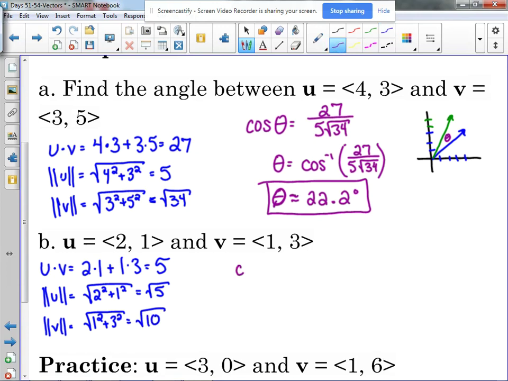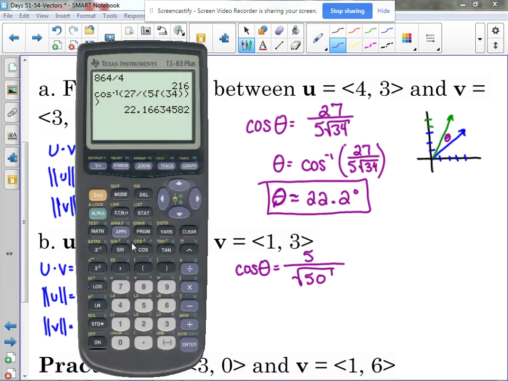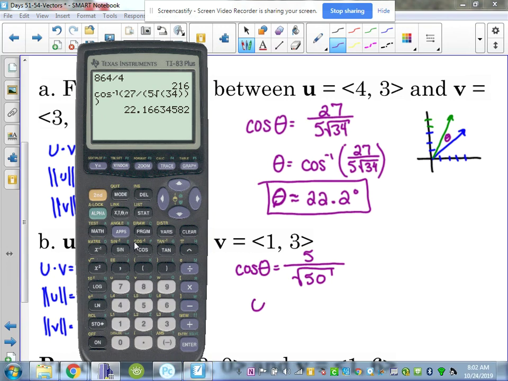So the cosine of our angle is the dot product, 5, over the product of the magnitudes. When you multiply 2 square roots, you multiply what's under the square roots. So I'm just going to save myself some effort and write that as the square root of 50 instead of having to put 2 square roots into my calculator.